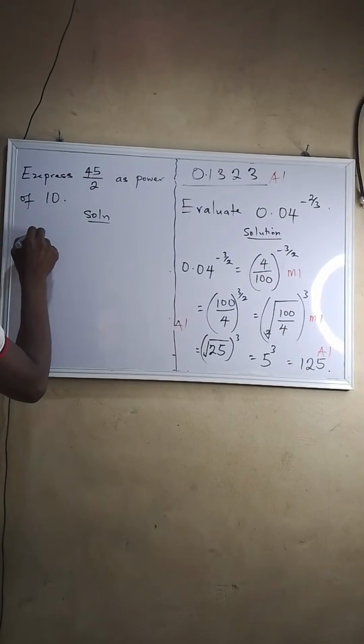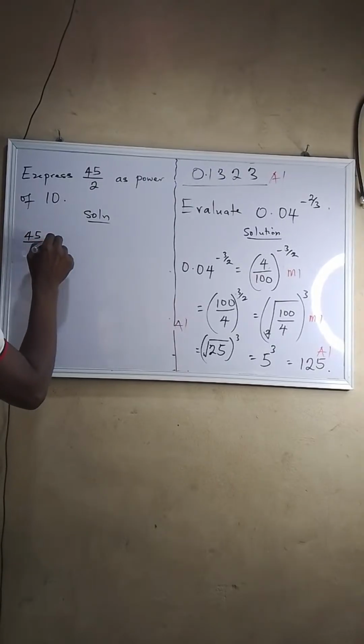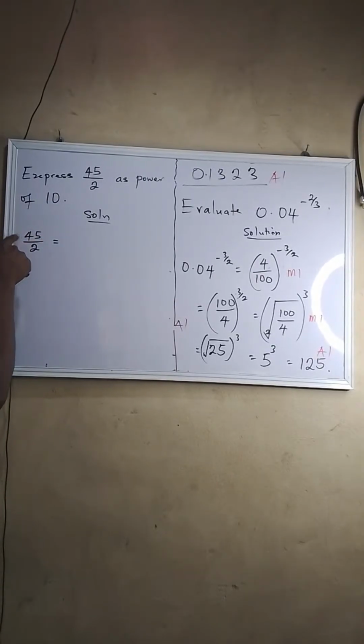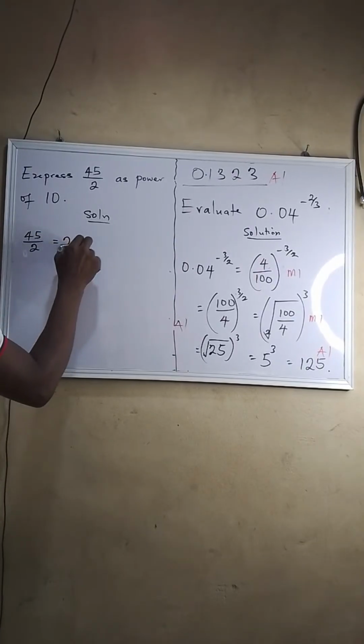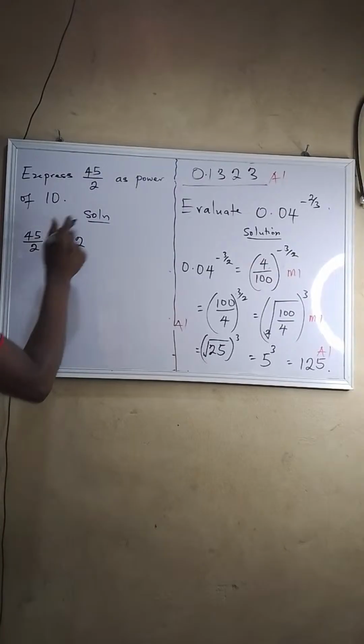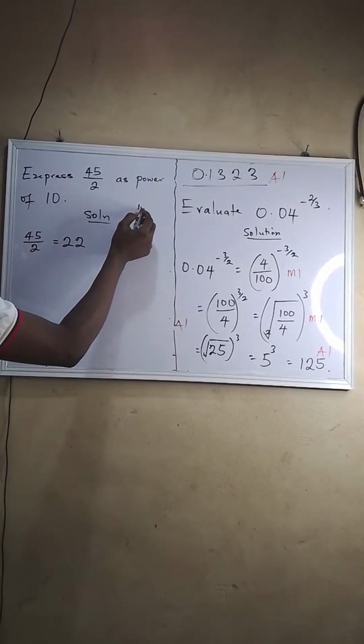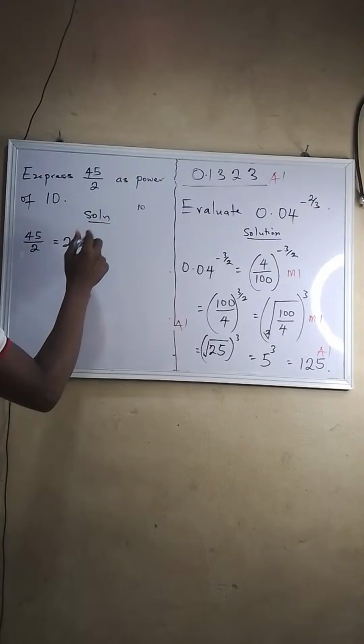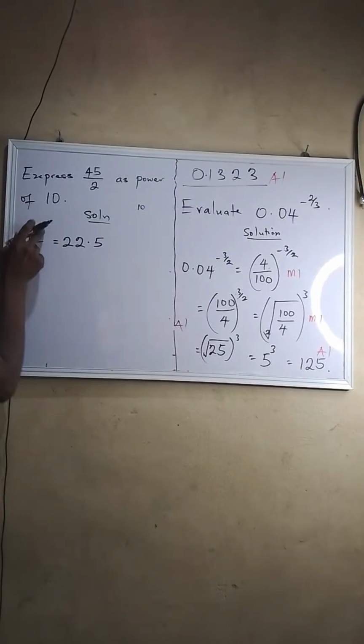So 45 over 2 is the same thing as: 2 goes in 4, 2. 2 goes in 5, that is 2 remainder 1. That is 1, so you put 0 at the back. 2 goes in 10, that is 5. So that means the division of this is 22.5.